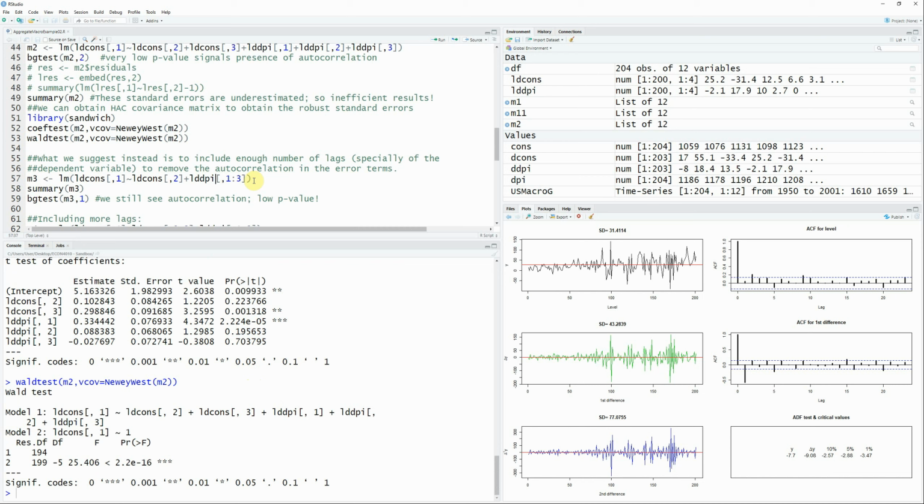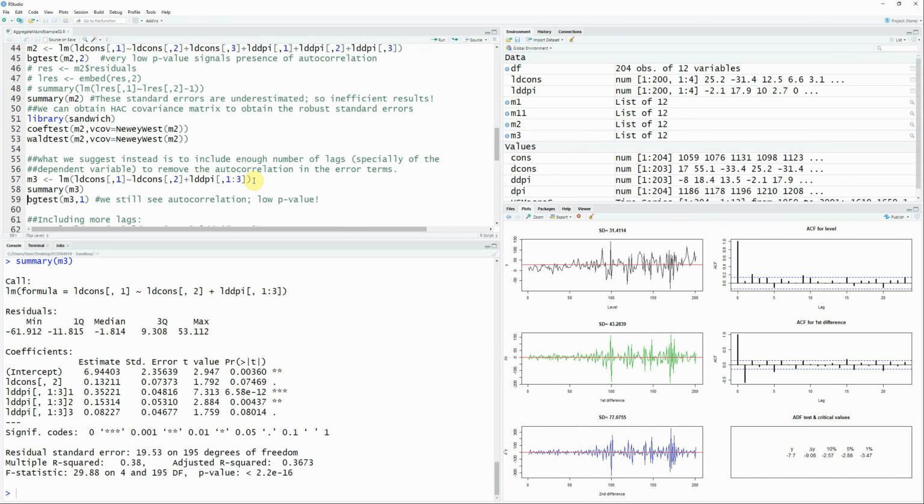So what I'm going to do is include one lag of the consumption. So consumption today, and then one lag of consumption, the difference in consumption or rate of consumption from the previous point in time, the previous quarter. And for DPI, I use 1, 2, 3. So instead of spelling it out like this, to have LDPI1, LDPI2, LDPI3, we can say just column 1, 2, 3.